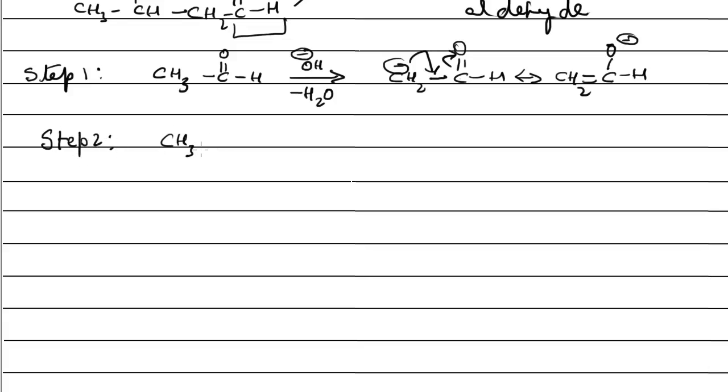In step 2, another molecule of aldehyde, which so far has not reacted with the base, meets the carbon anion, and we can use the enolate ion here since it is the most contributing structure.